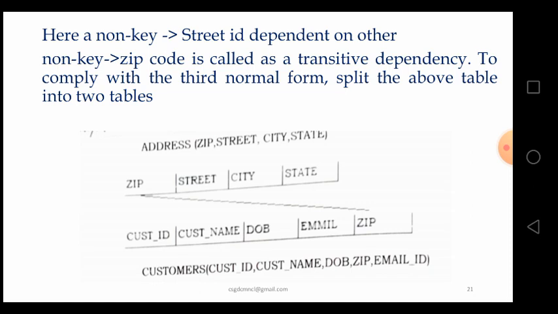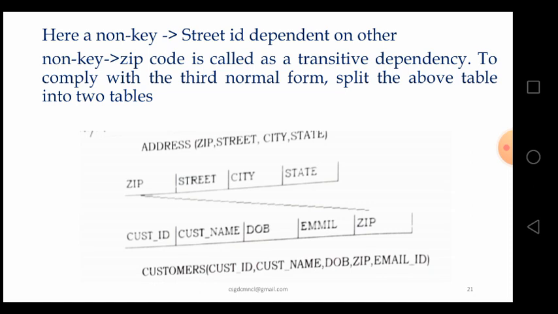The non-prime attributes employee state and employee city are transitively dependent on the super key, employee ID. It violates the rule of third normal form, so we need to move employee city and employee state to a new employee zip table with employee zip as the primary key.